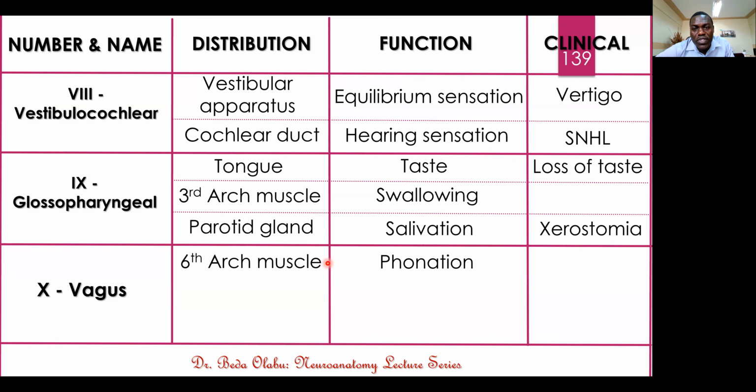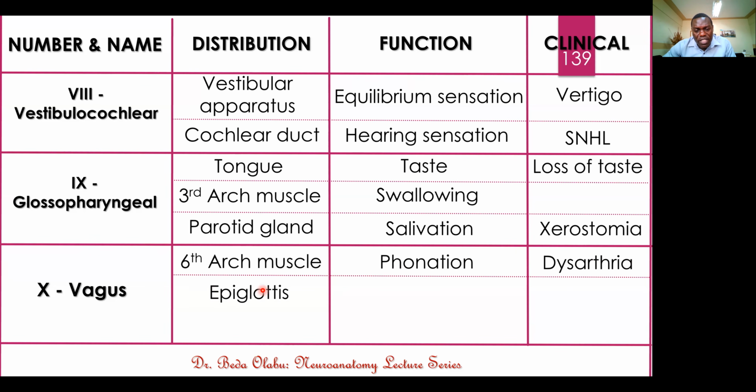Phonation is a production of sound, so we use them for talking. You know, phonation from the word phon, it means production of sound. Therefore, if you injure that component, you'll affect speech, you'll affect articulation. We call that dysarthria. The patient may not be able to talk appropriately.